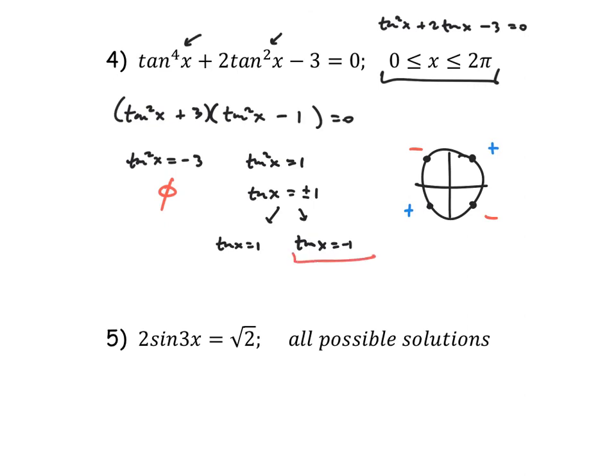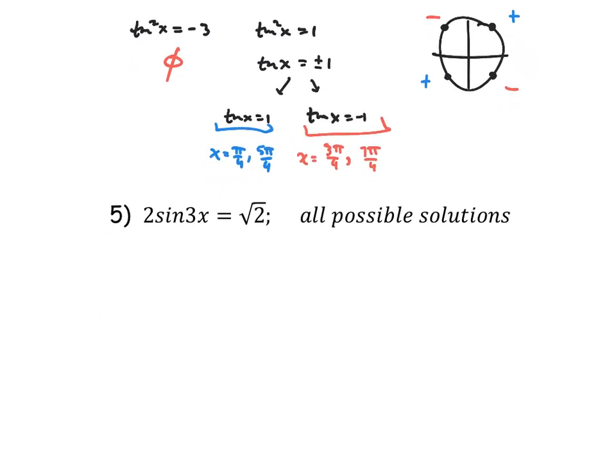So the inputs such that the output is negative 1 would be 3 pi over 4, and what would that be? 7 pi over 4, just short of 2 pi. Likewise, on the other side, the positives would be x equal pi over 4 and 5 pi over 4.